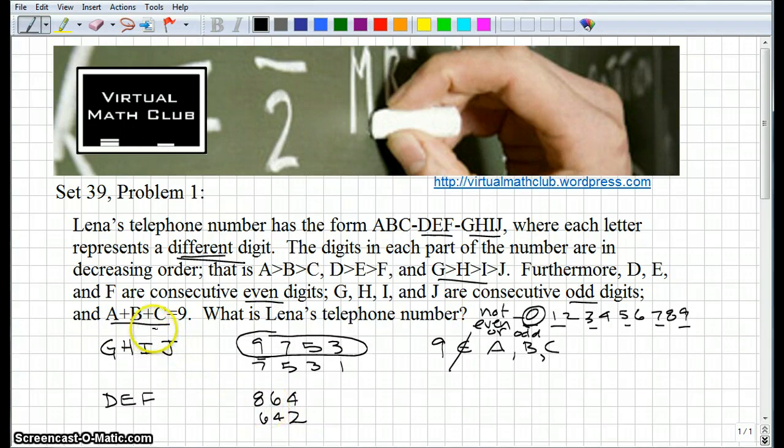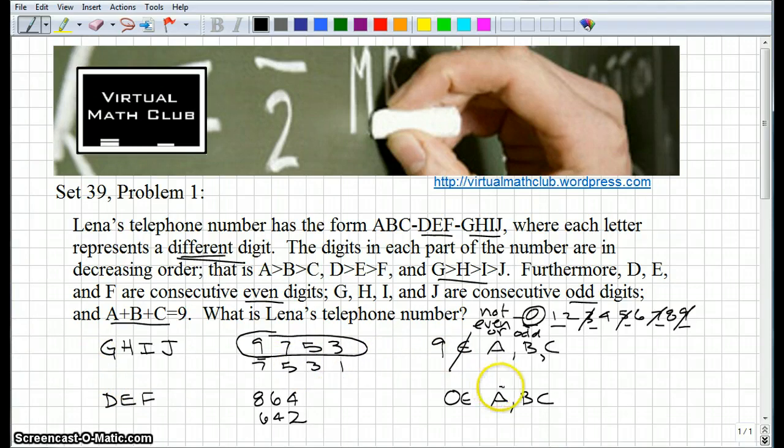Now let's see. Actually, let's cross out the numbers we've used. So we know where 9 goes, and 7, and 5, and 3. And what else do we know? We know 0 has to be in ABC, because it's not even, it's not odd, so it doesn't fit with the description of the last two parts of the telephone number.